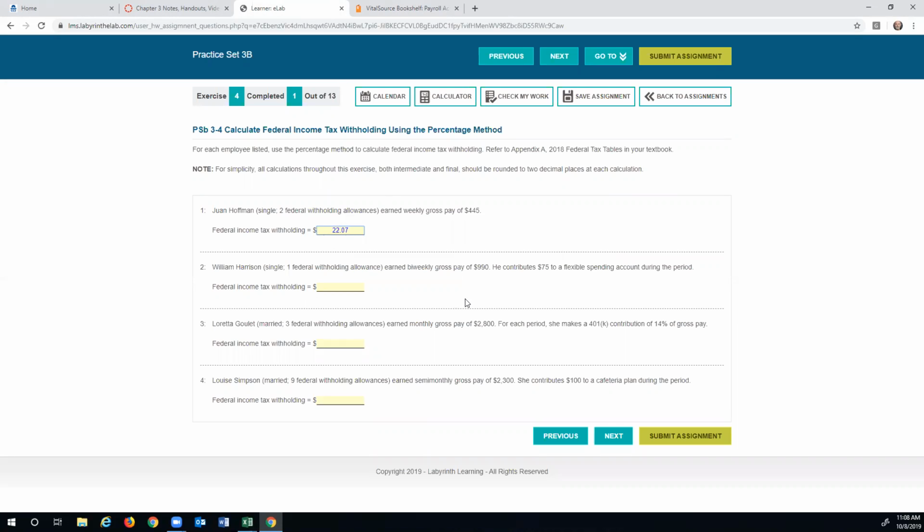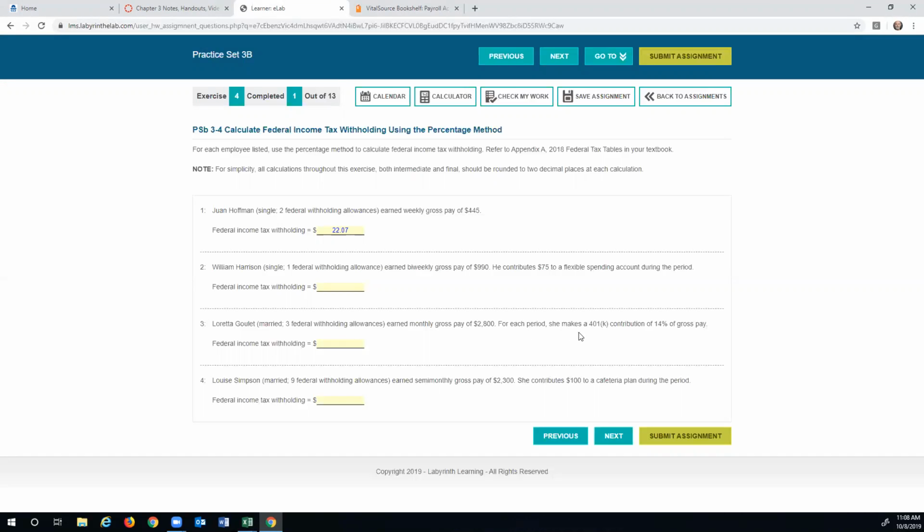All right, let's see if we can find one of some difficulty. Okay, here's one that has taxable wages. Loretta is married, so again, I would encourage you to, on the side, put married. She has 3 federal withholding allowances, earned monthly gross pay of $2,800, so it's monthly, $2,800.